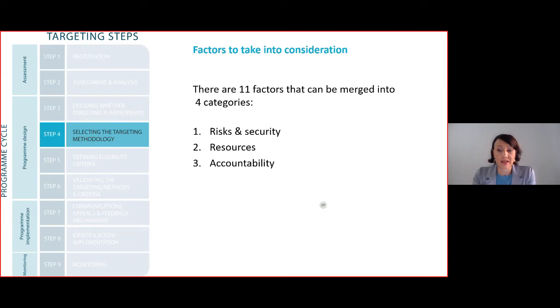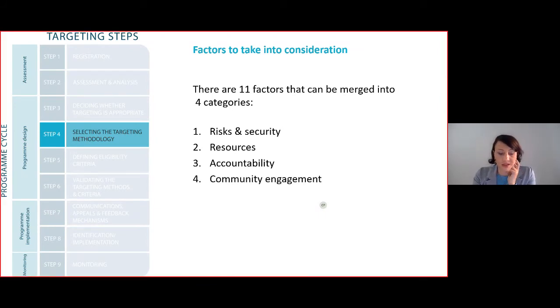For some communities, explaining approximate testing is very difficult. Therefore, if there is the need for the involvement of the community as part of the selection of the eligibility criteria, maybe we choose a method that has less technicalities and is based less on statistics and more, for example, on the understanding of vulnerability by the community.